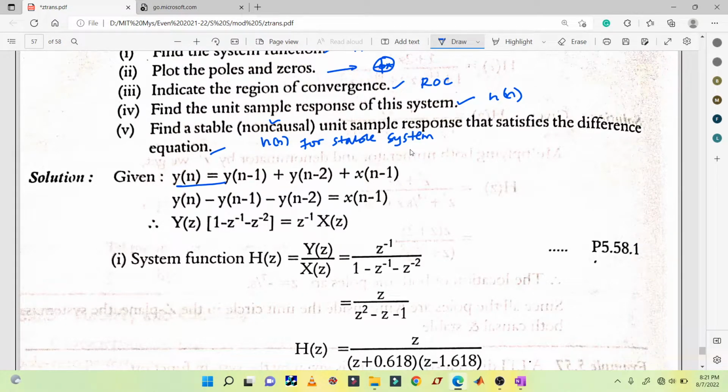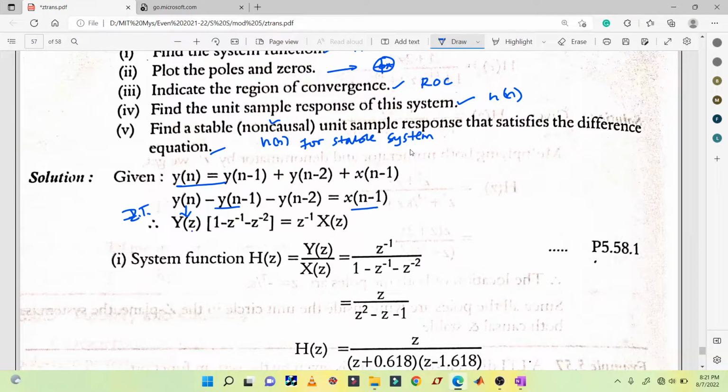So y of n minus 1, y of n minus 2 are the terms related to output. So we can take them on the left hand side and the input is on the right hand side. Okay, so applying the Z transform, what do we get? For y of n, Y of z; y of n minus 1, z inverse into Y of z; y of n minus 2, z inverse square into Y of z.